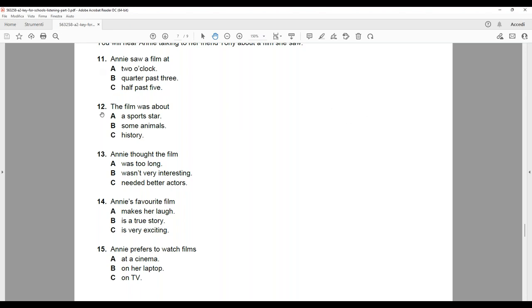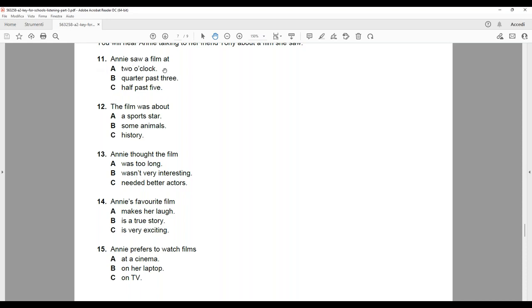Okay, question 11, 12, 13, 14, and 15. In the exam they are only going to give you like 15 or 20 seconds to read them, so you should be able to read these questions real quick.